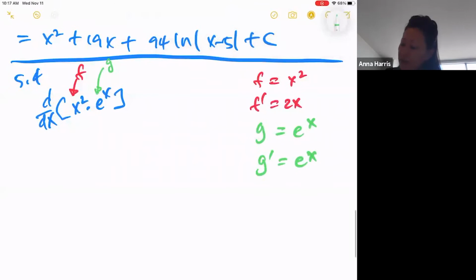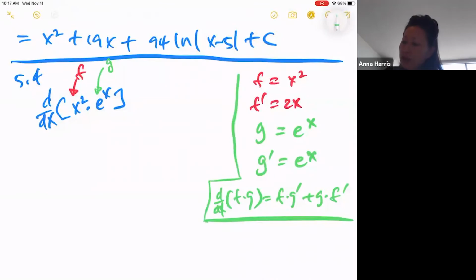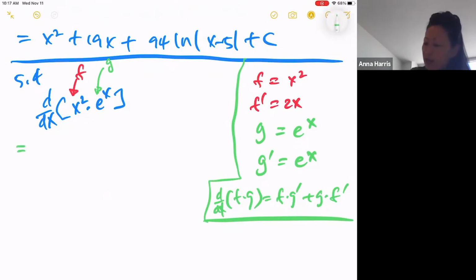Remember, the product rule: if I take a derivative of this, I get f times g prime plus g times f prime. By the way, by now you should know this, right? Because we're using this over and over since chapter 1. So I just want to rewrite it now. So I'm going to do f times g prime plus g times f prime.